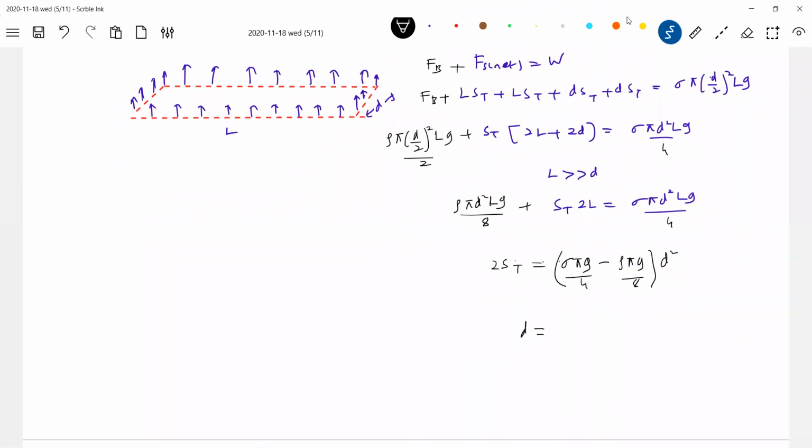Four also you can take common. If you take 4, this will become 8 ST.